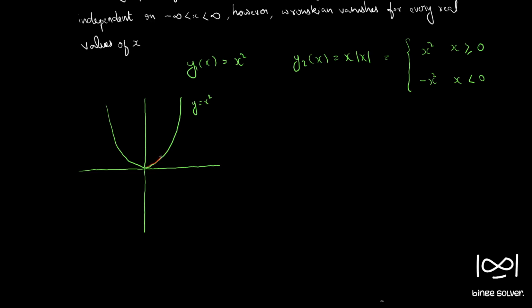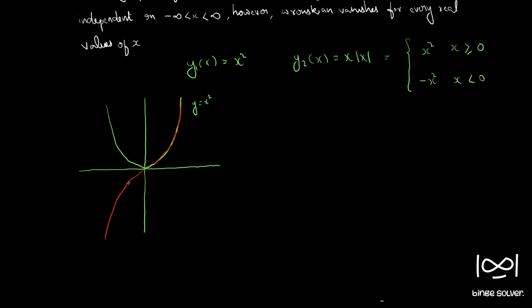This part will be the same, so it will look something like this. So y equal to minus x square for x less than 0, where the y value is negative, so it will look something like this.